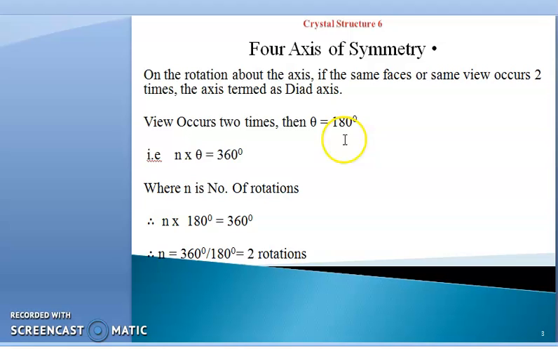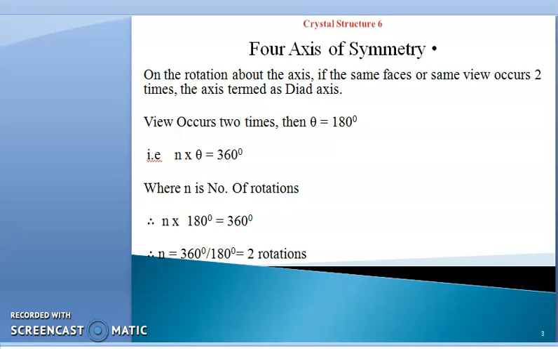Theta is half of 360, that means 180. Where n is the number of rotations, n into 180 is equal to 360, therefore n is equal to 360 by 180, that is 2 rotations. The number of rotations is 2 whenever the axis is termed a dyad axis.